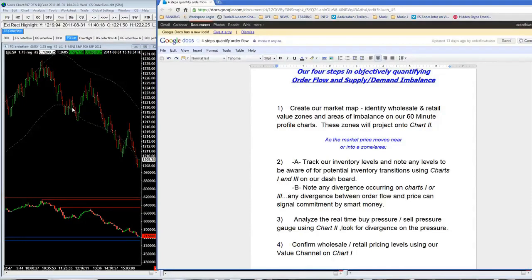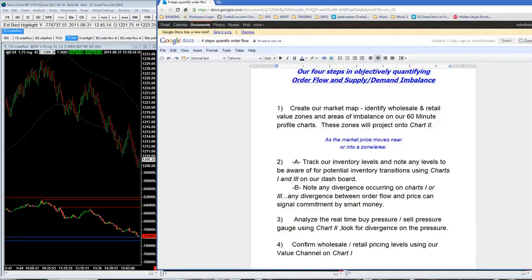But eventually you'll learn to start managing your inventory and say, all right, I'm not quite at an inventory transition point, but I'm coming into a zone. I have divergence on the buy pressure, sell pressure. Let me start to probe here with a small position, knowing that my inventory transition is a little bit above that, but I'm going to work some additional inventory above there if I take heat, and start to probe into your position that way.